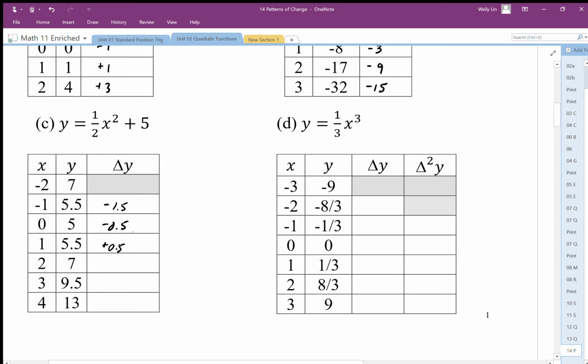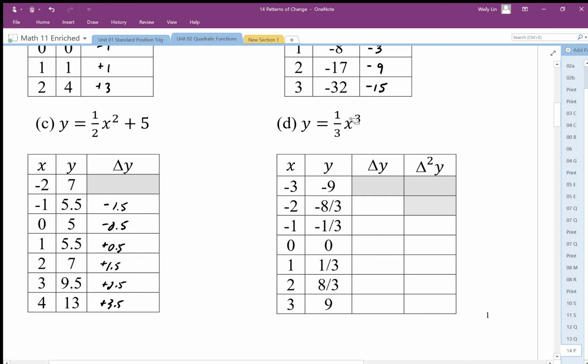And it looks like the change is going up by 1s. Okay, so 7 to 9.5 is going to be plus 2.5, plus 3.5. Again, this quadratic function is generating a linear change in y.